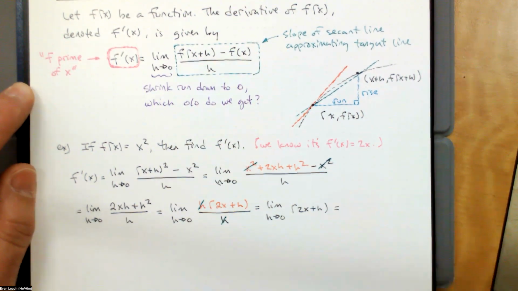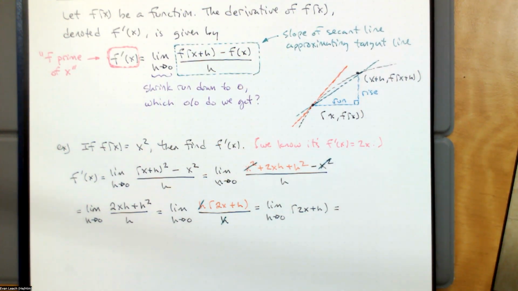So now we can let h go to 0. And if h goes to 0, we get just the 2x.